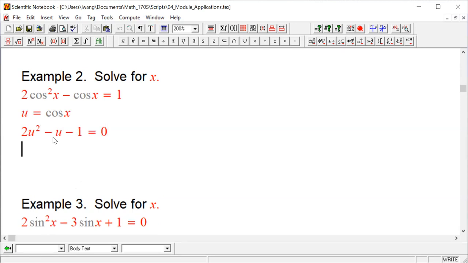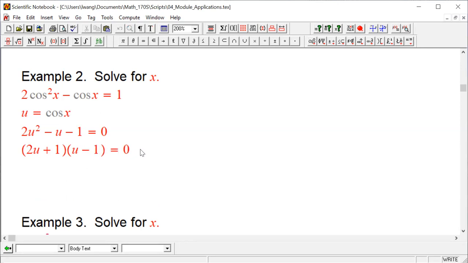And this is a quadratic equation again, and we can factor using the techniques we learned for factoring. So right here, we're getting 2 times u plus 1, multiplied by u minus 1, equals 0.